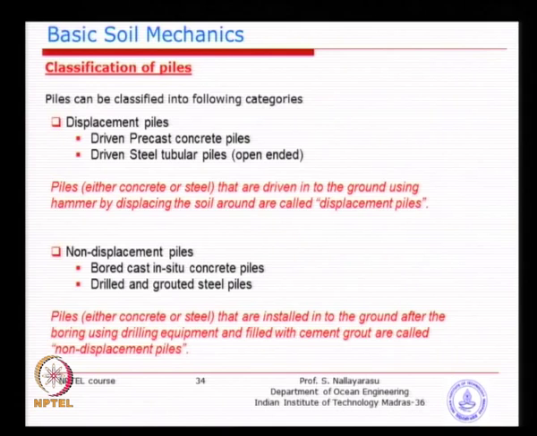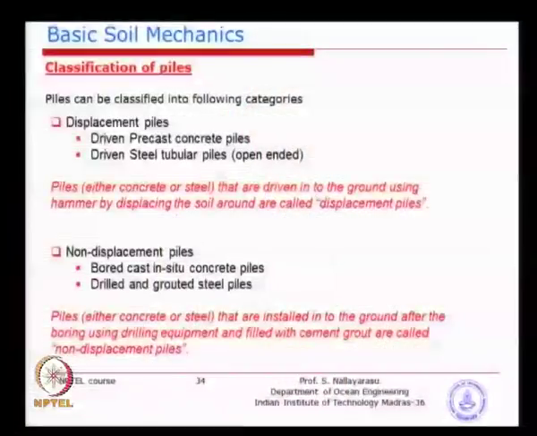Imagine you take a 1 meter diameter shaft, circular, square, or whatever cross section, and you try to drive it by means of hammering at the top. When you do that, the soil is getting displaced. So, during that process the soil gets densified in and around the pile surface, which makes it slightly better in terms of capacity. That is why we call them displacement piles, which are better than the non displacement piles.